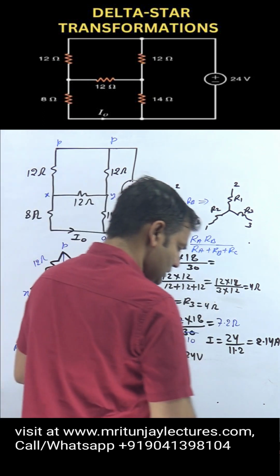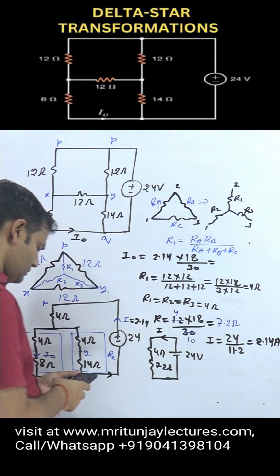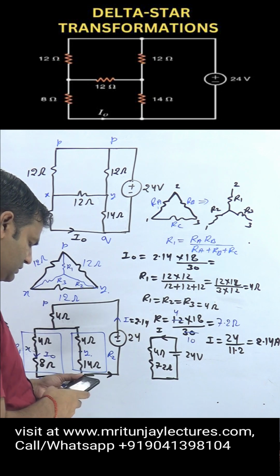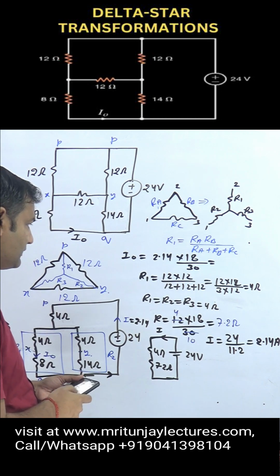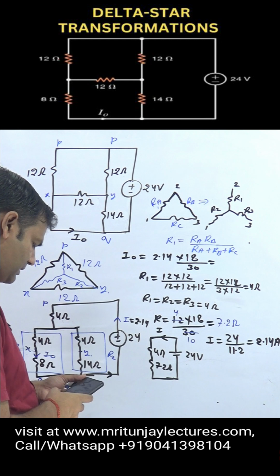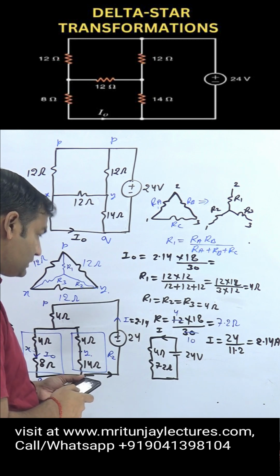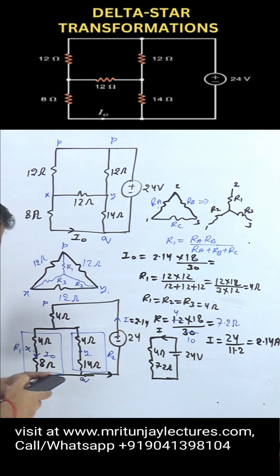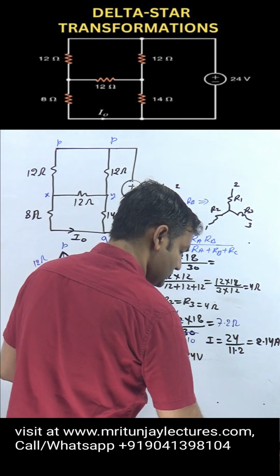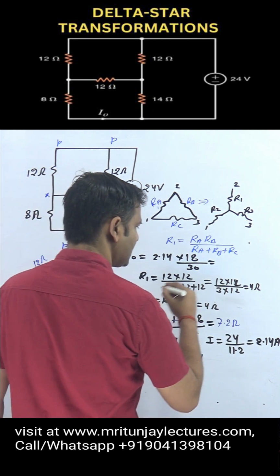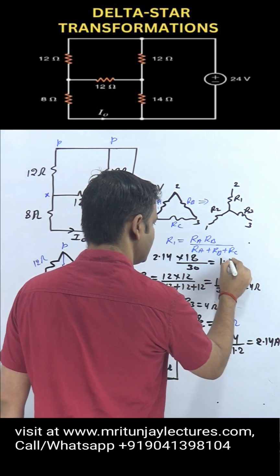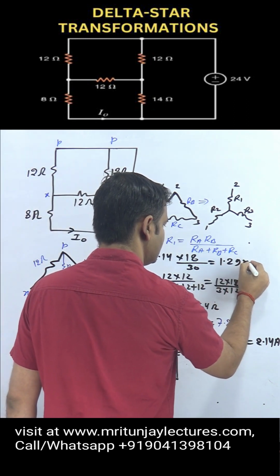So apply this formula: 2.14 divided by 30, into 18, we got 1.29 ampere.